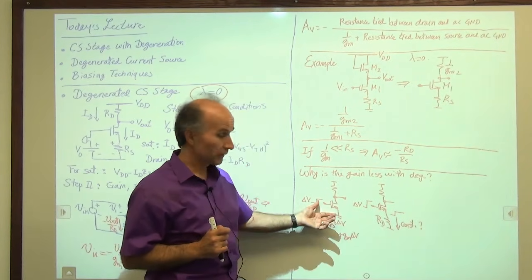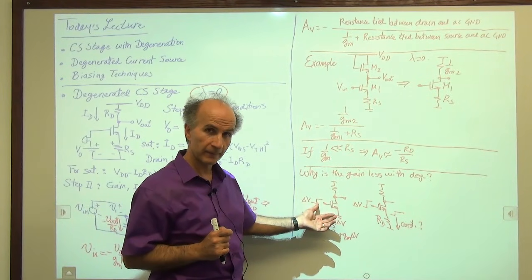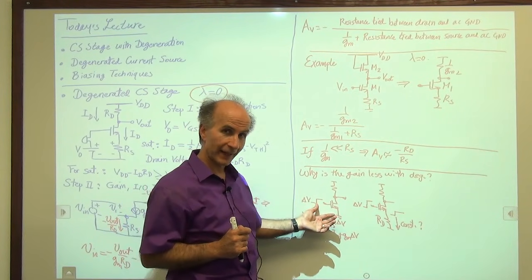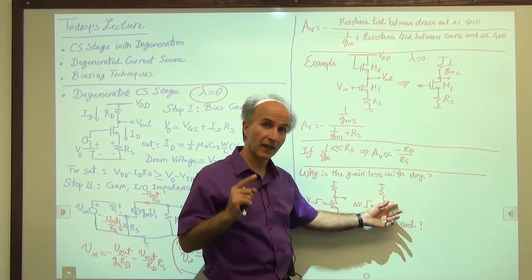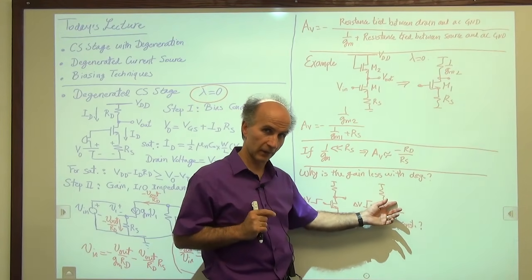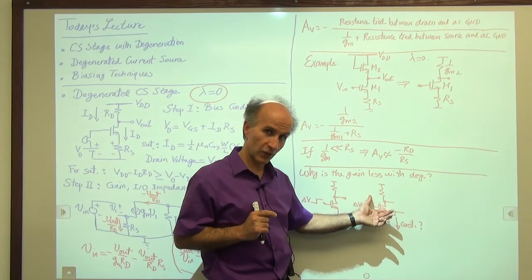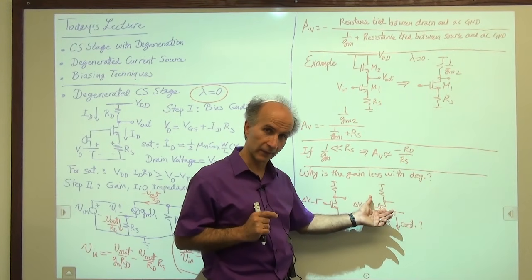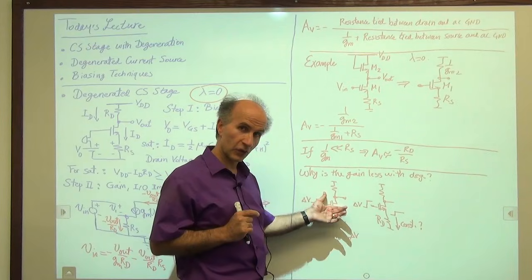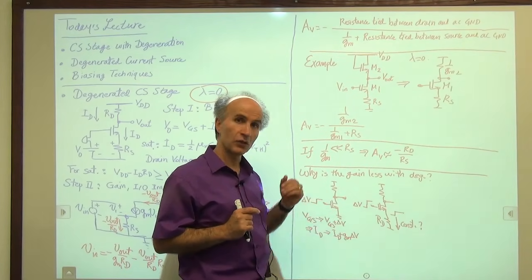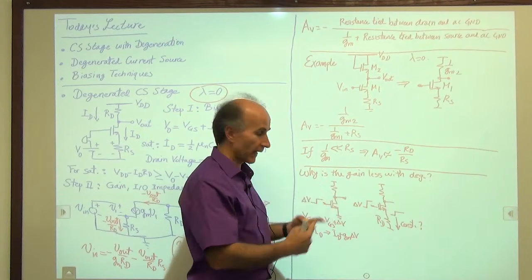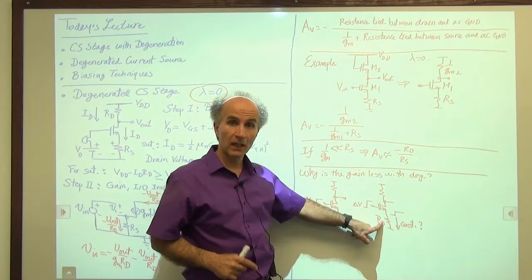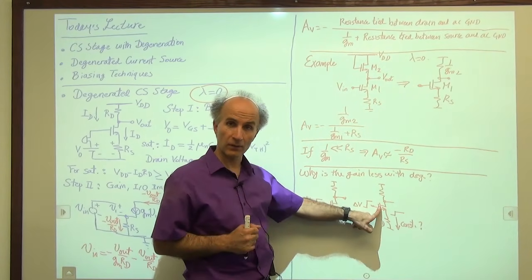Whereas here, VGS changes by delta V. That means that the change in the drain current here is less than GM times delta V because VGS changes by less than delta V. Whereas here, the change in the drain current is GM times delta V. That tells us right away that this resistor has weakened this transistor.